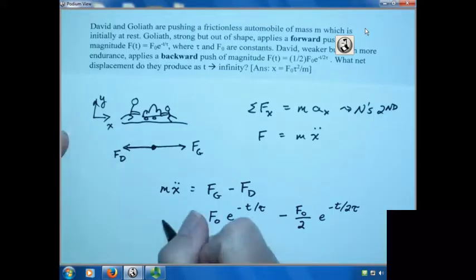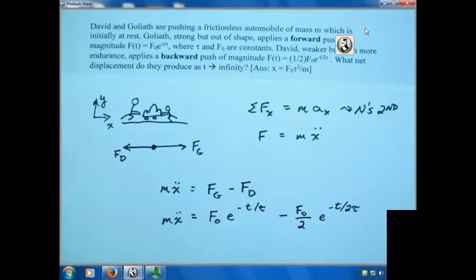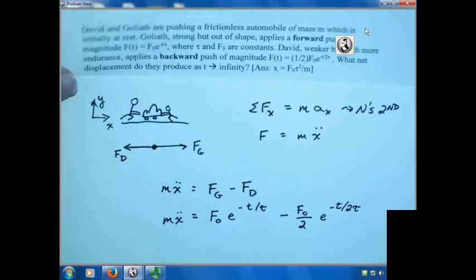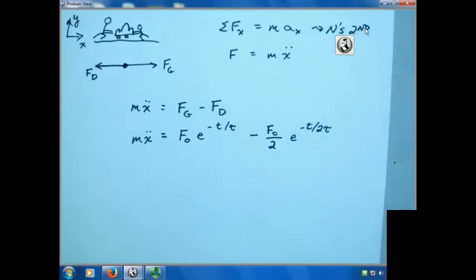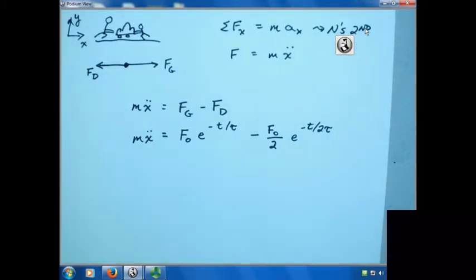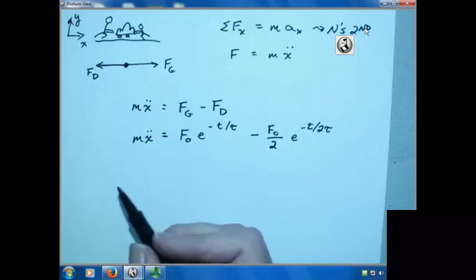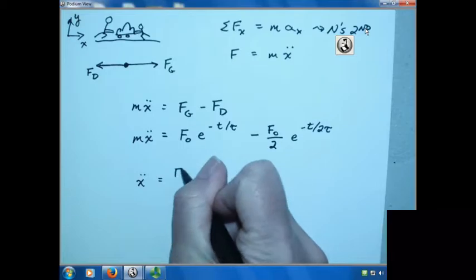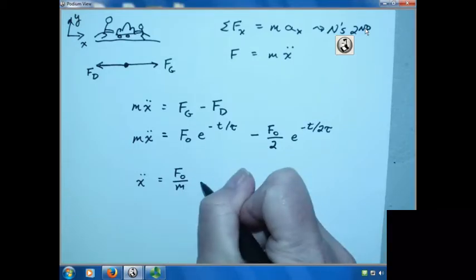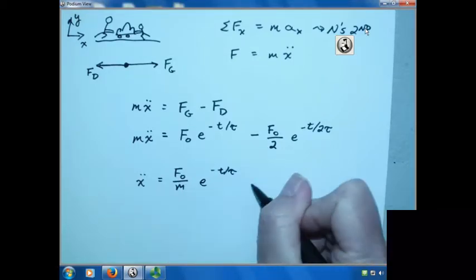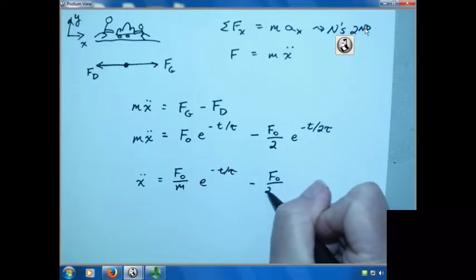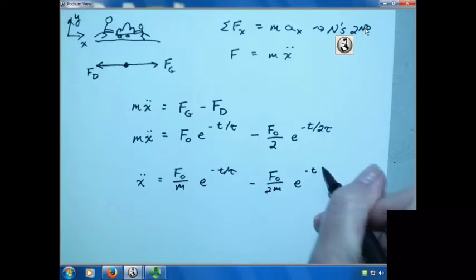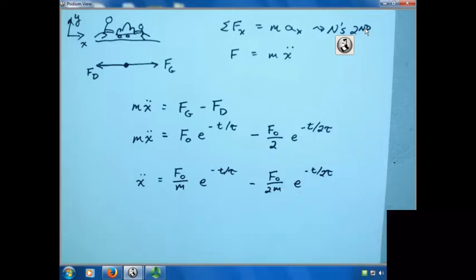All right. So this is my expression that I got from Newton's second law. Now, this is just a differential equation, all right? So now I need to solve my differential equation. Again, I modeled that last time. So what we need to do is get x double dot all alone on one side of the equal sign, just by dividing both sides by m.